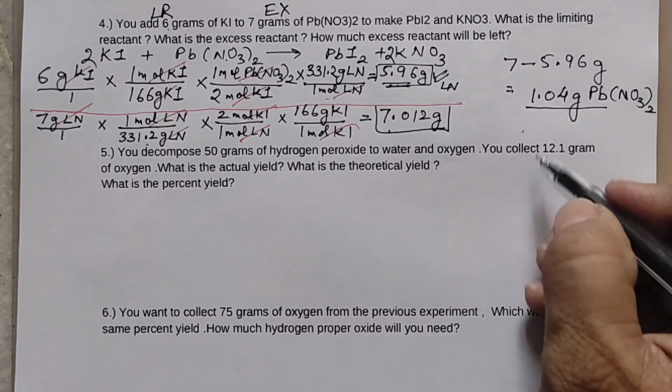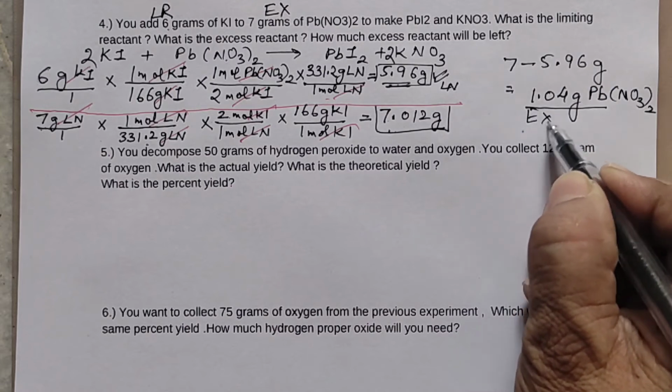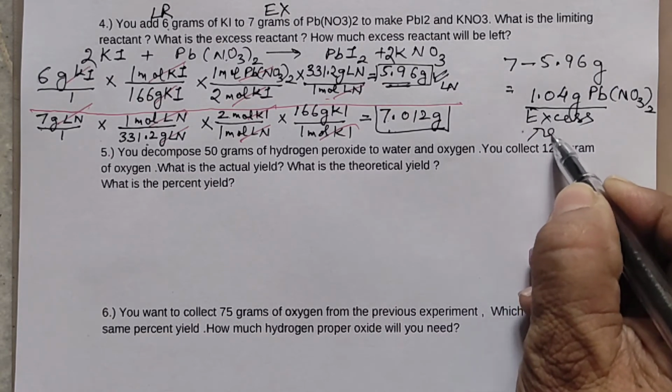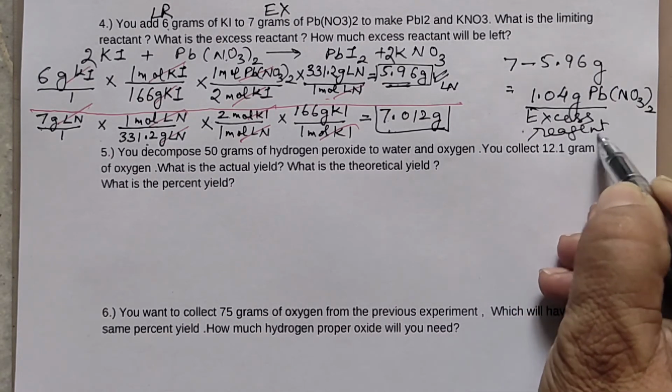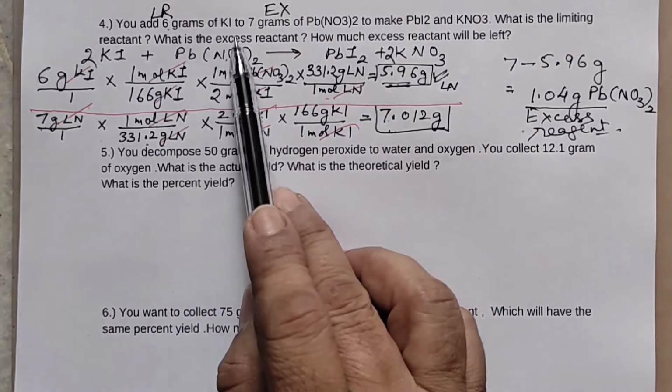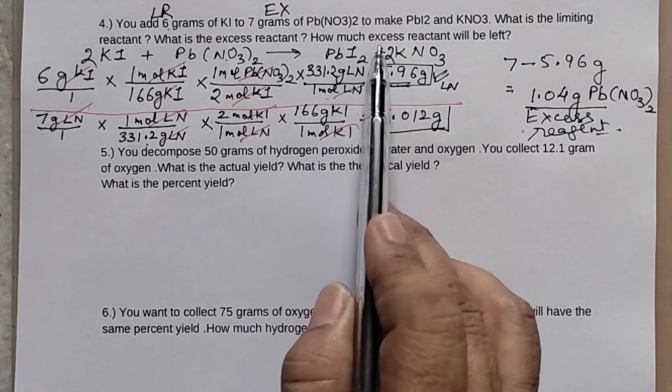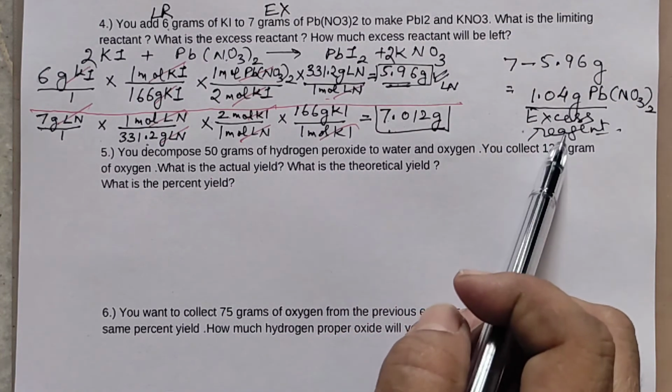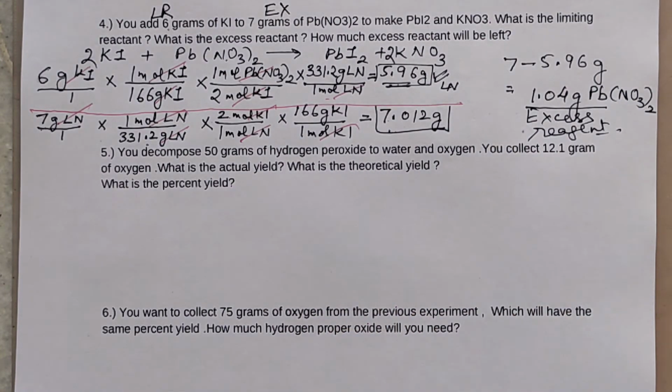This is excess. This is your excess reagent. Got it? Your limiting reagent is KI, excess reagent is lead nitrate, and how much excess? This much excess.